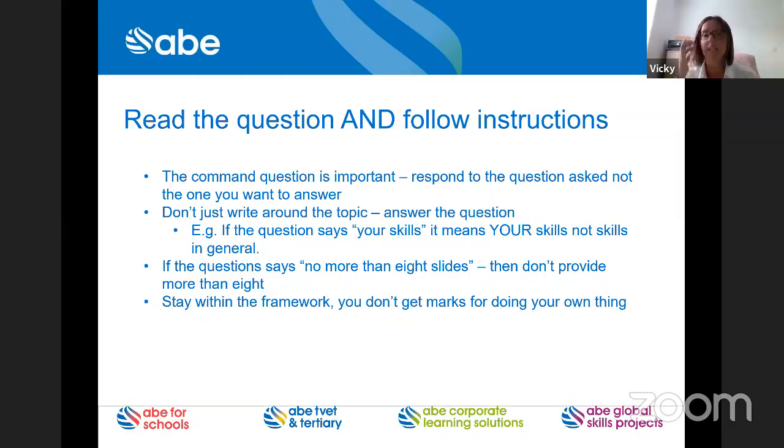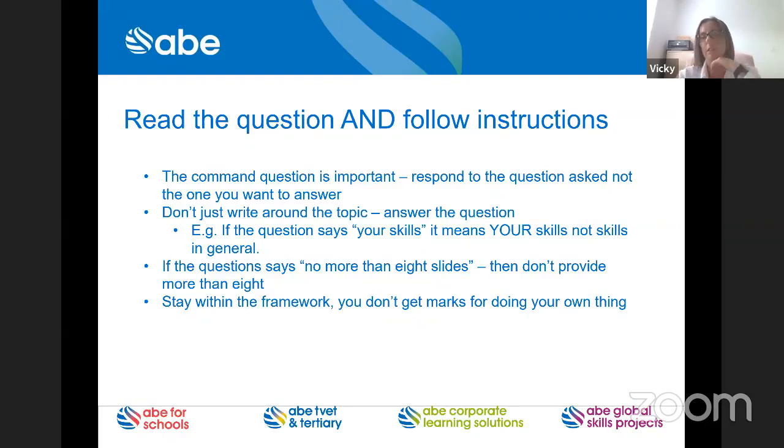So what you need to really avoid, and a slide further on we'll talk about this, is just taking all the theory that you know and dumping it in the answer of your question. You need to structure your question and you need to follow the instructions that are in the questions. So it's really important you look at the command words at the beginning and respond and answer to that.